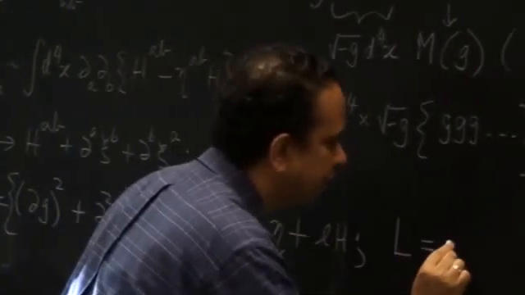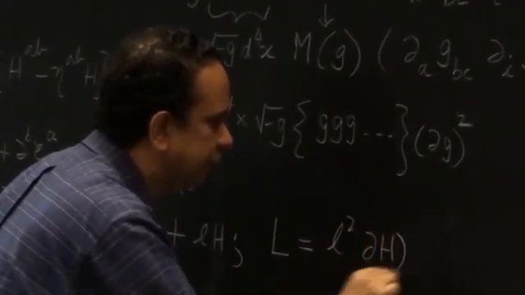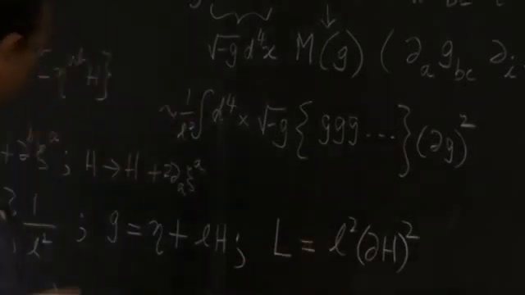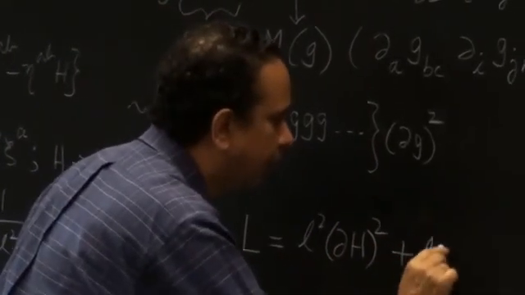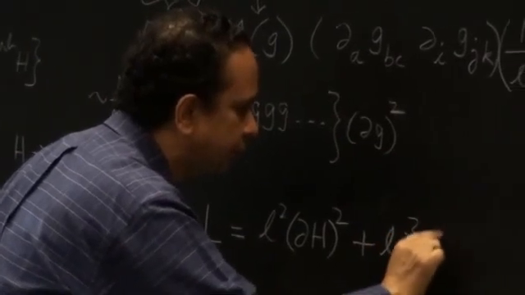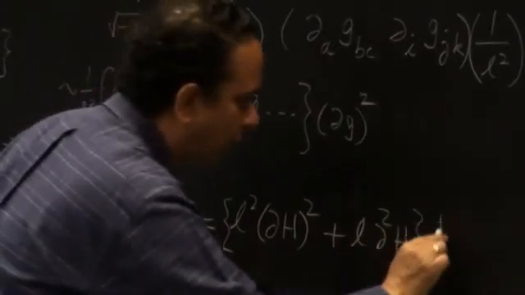So let me write it down explicitly. You have L square (dh)² the whole square. Then I have a d²g, which is going to be L d²h. The whole thing is multiplied by 1 by 8.